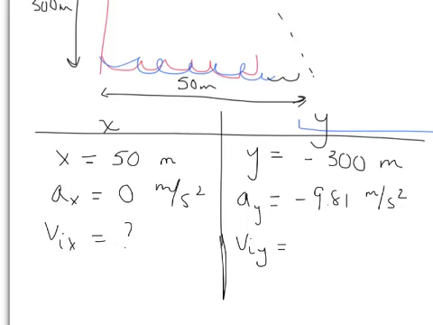It's got no vertical velocity. It's like a free fall. So VIY is 0 meters per second. Imagine if you just ran right off a plank. That's what's going on here. He's running right off the bridge, and he's only running in the horizontal direction. Okay?